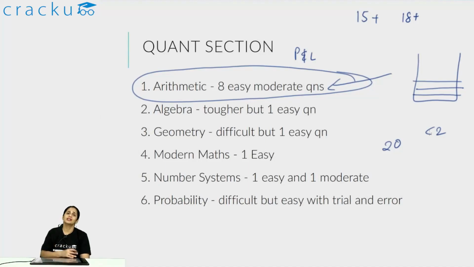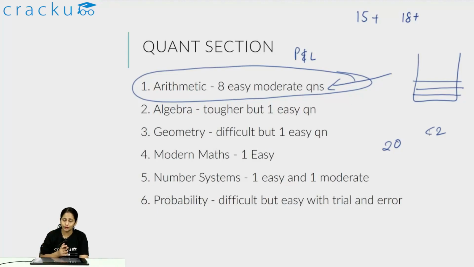There was one difficult question on mixtures, there was one difficult question on time and work, but most of the questions were fairly easy. So you should keep in mind how much time each question takes you to solve, and if it is less than 2 minutes, I should definitely be solving it, because that is what makes you reach your goal of solving 20 questions or 18 questions.